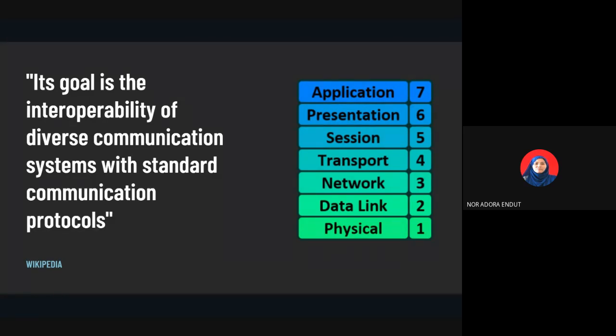So kita ada 7 lapisan. Okay, dan dia start kira lapisan tu daripada bawah, sampailah ke atas. Start dengan physical layer, data link layer, network layer, transport layer, session layer, presentation layer dan juga application layer.